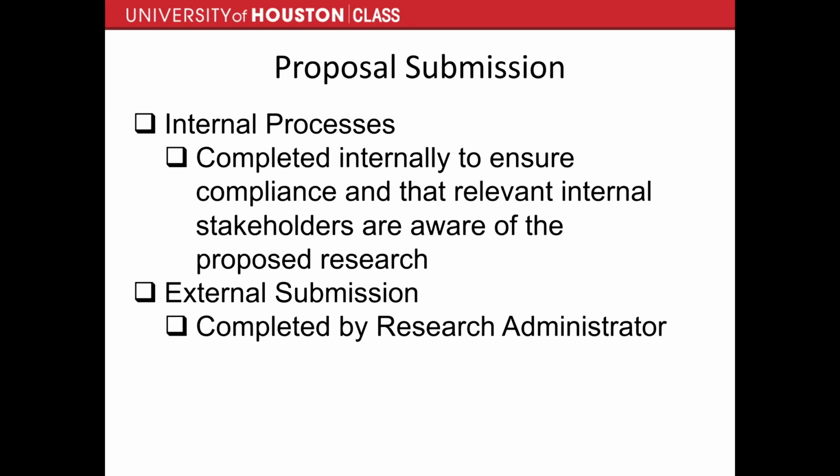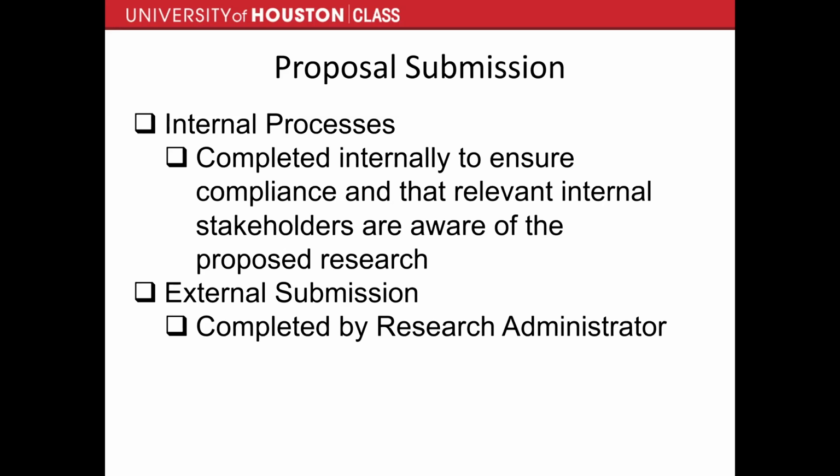So basically our internal process is what we refer to as a transmittal process. And so basically what we're doing in this process is collecting basic information like who the PIs are, if there's any subaward or subcontracts or things like that.